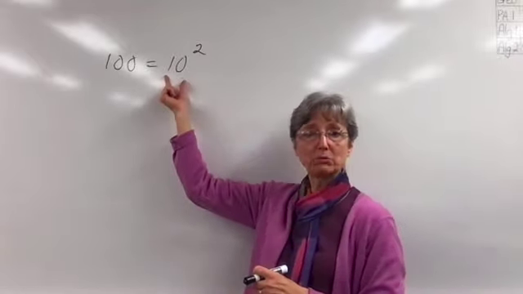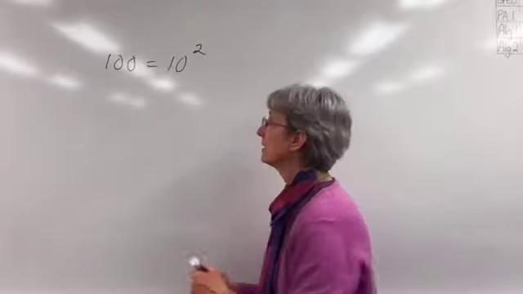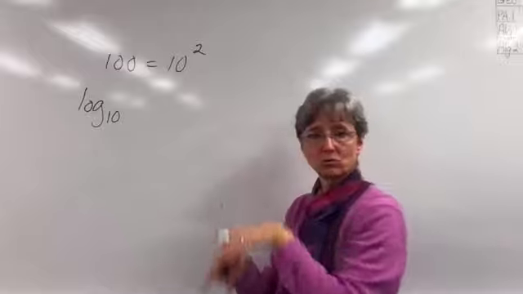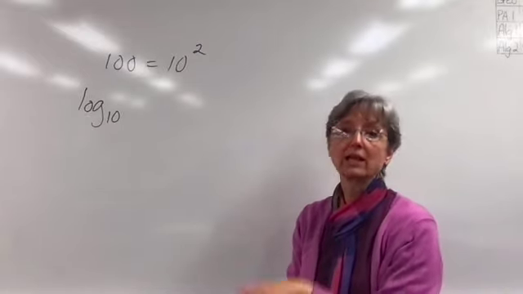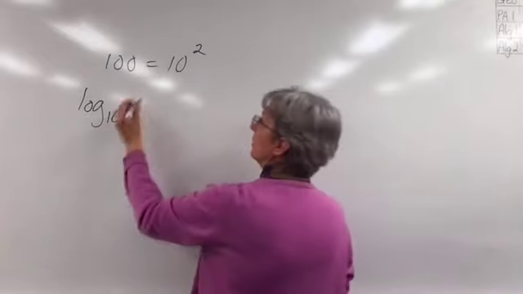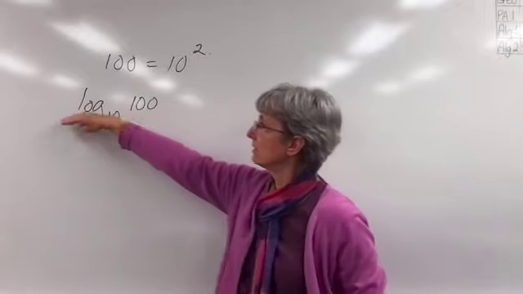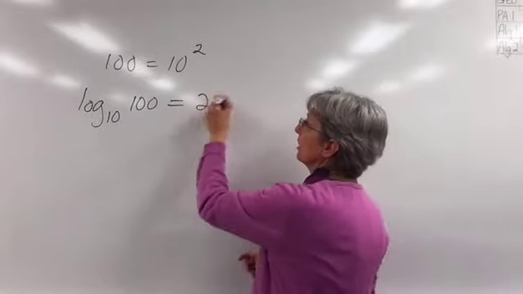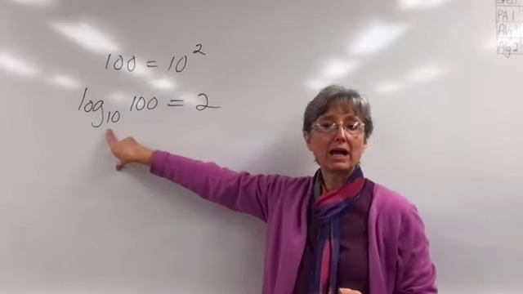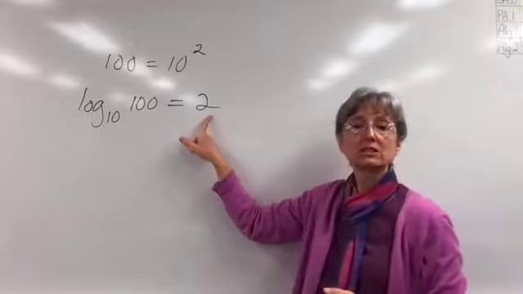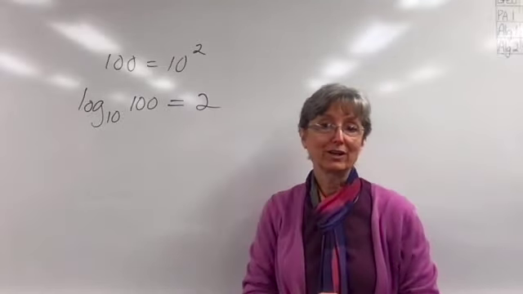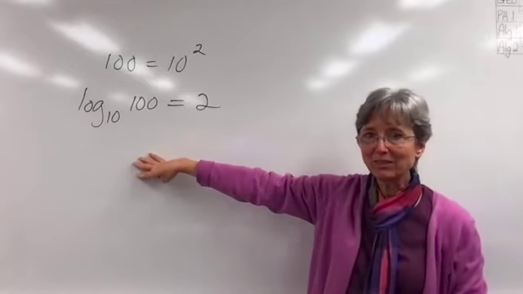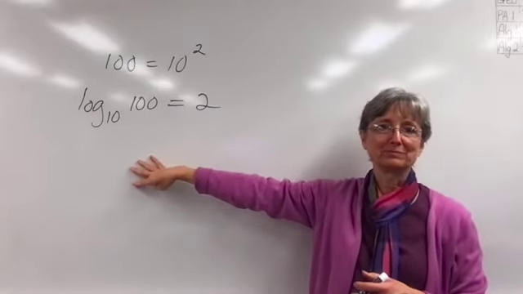So if I grab a log and swing it over here, I'm going to have log base 10, written as a subscript, of 100, on the same level as log, equals 2, which means 10 to what power is 100? 10 to the power of 2 is 100. Here it is in exponential form. Here's the same thing in logarithmic form.